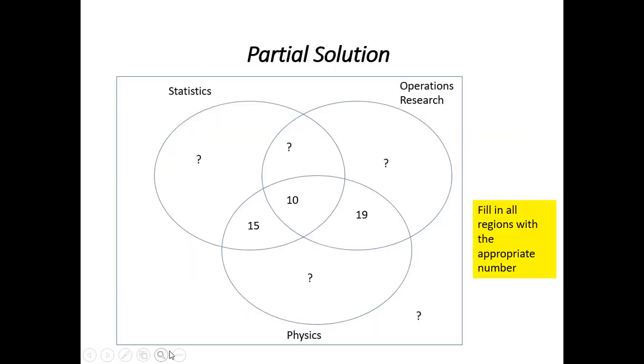So with a problem like this, the key is to work from the inside out. Here you can see I put a 10 in here because there are 10 students enrolled in all three classes. Now, we were given a certain number of students enrolled in statistics and physics.